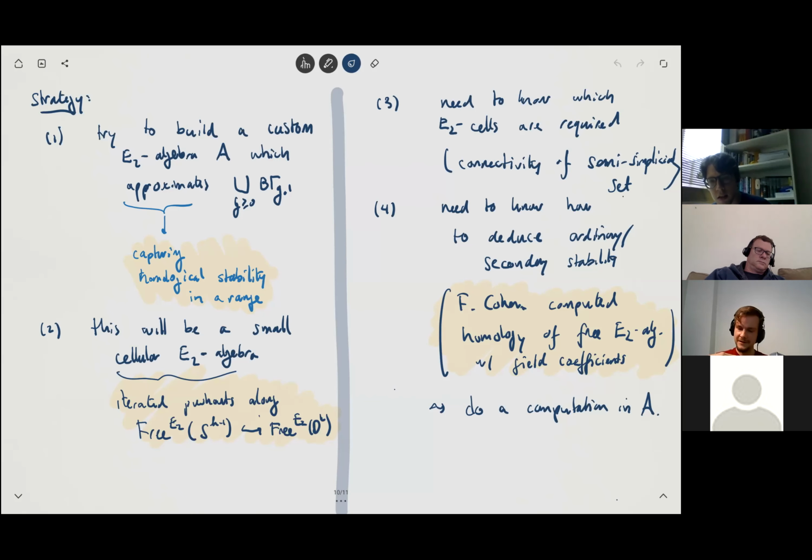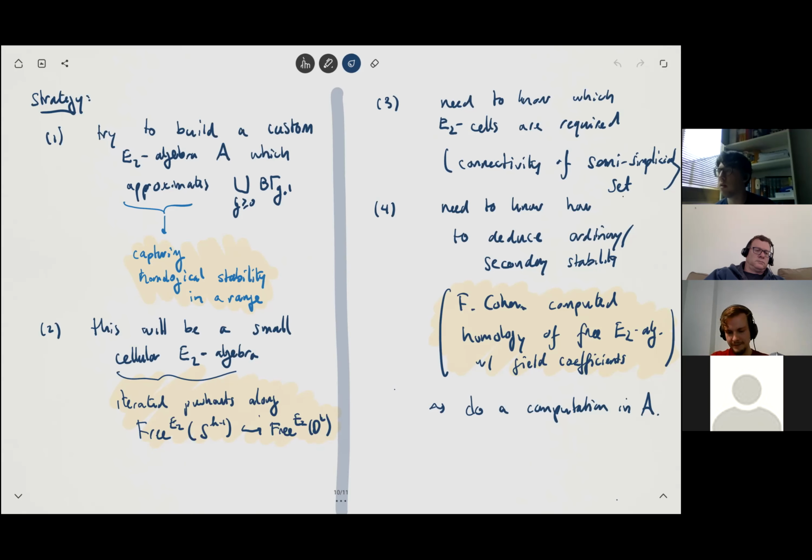Here's what the idea is. You want to show that in a hypothetical minimal cellular approximation, which does exist, you want to show that it doesn't require any cells below a certain line. So as g increases, you don't need cells of low dimension. And when you attach cells of high slope, which means that their dimension divided by g is large, they tend to only influence, in terms of whether stability holds or not, things on or above the same slope.